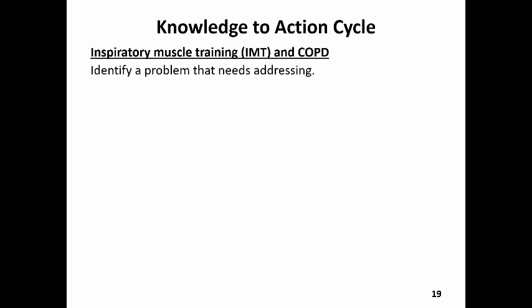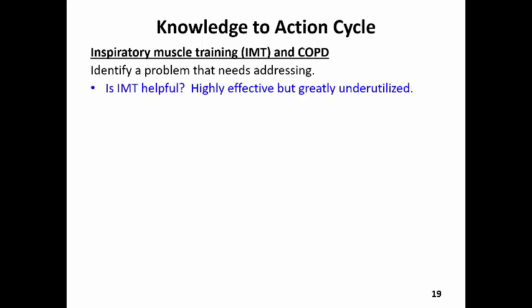In terms of understanding this from the knowledge to action cycle, we begin with the identification of the problem that needs addressing. Refer back to slides 17 and 18. This would be the tip of the triangle at the bottom, just outside that triangle in the action cycle, where the practitioner would identify the problem.